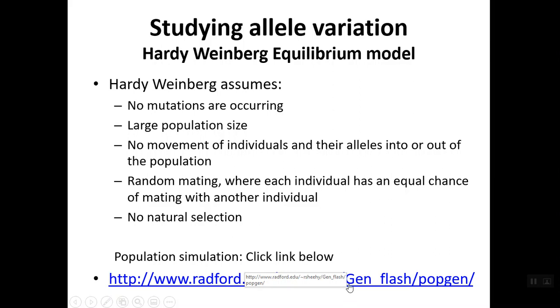You can also change the number of generations and see how, over the course of many hundreds of generations, allele frequencies can be maintained constant if you don't alter the population. So I invite you to click on this and play with it. It really shows you nicely how this equilibrium model works.